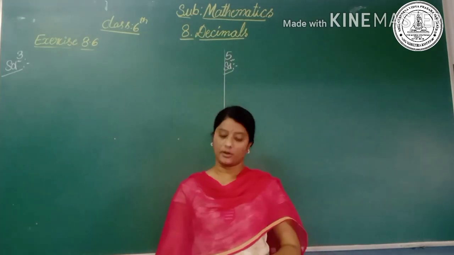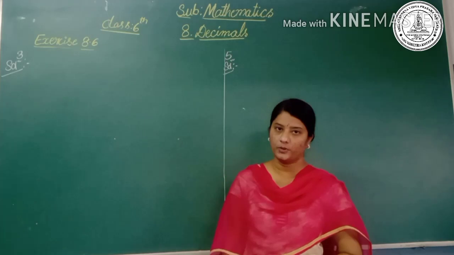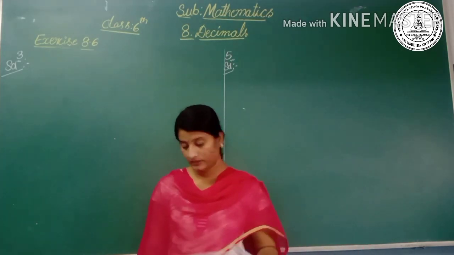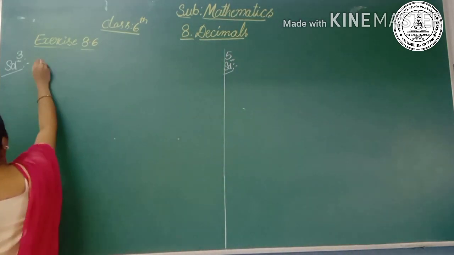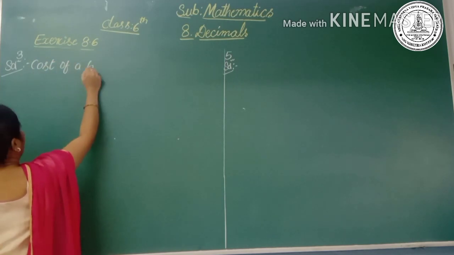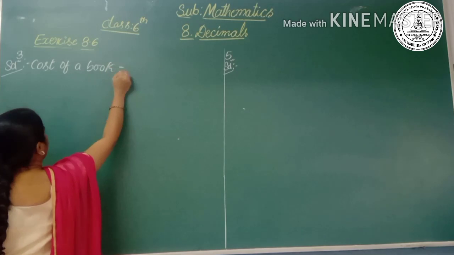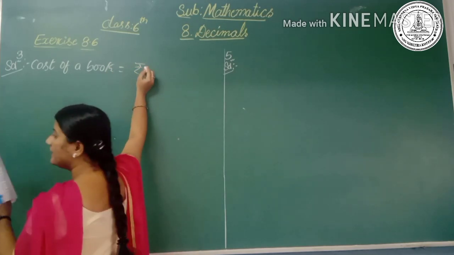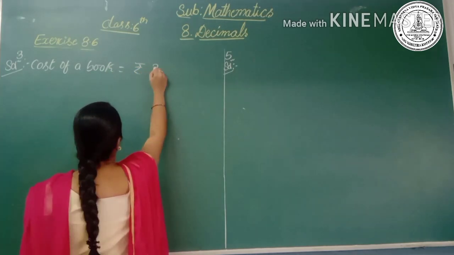In the first sentence we have to write the cost of a book. Cost of a book is equal to rupees 35.65.